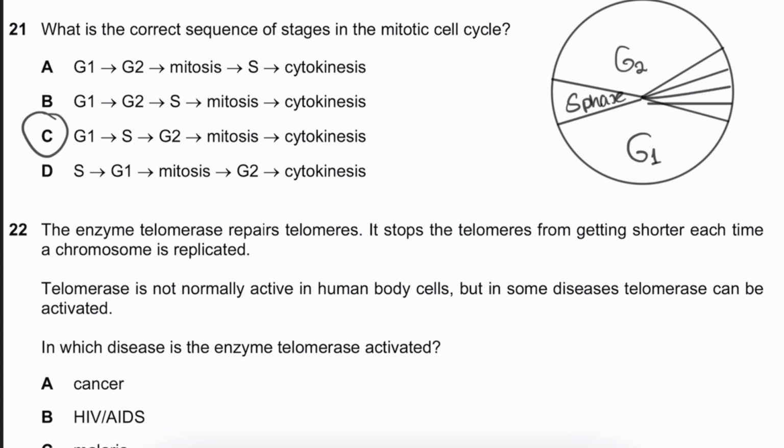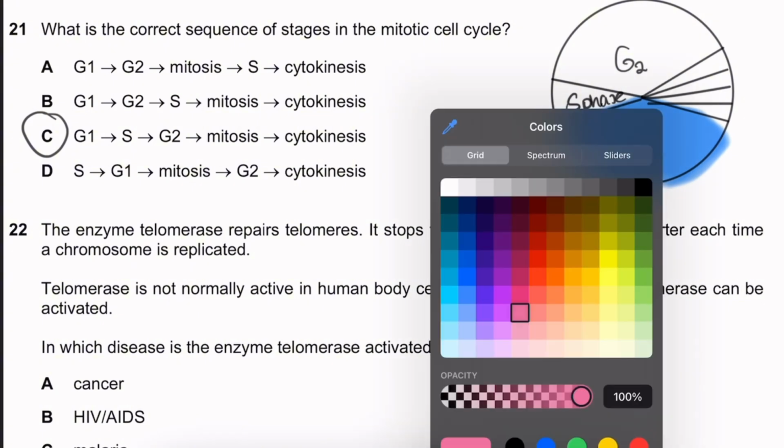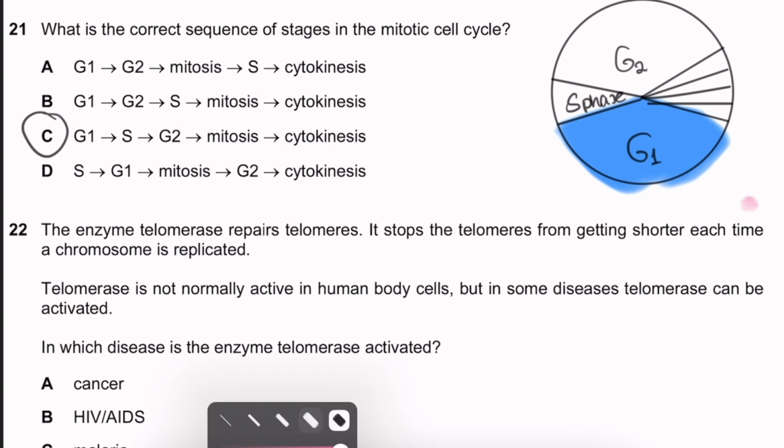So this would be G1. This is the first stage, stage 1. And then here we're going to have the synthesis phase, in which we're going to be synthesizing our proteins, our kinetochores, which are going to be part of your chromosome, replicating DNA as well.